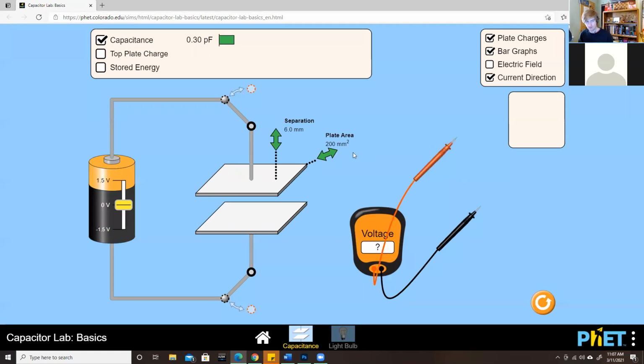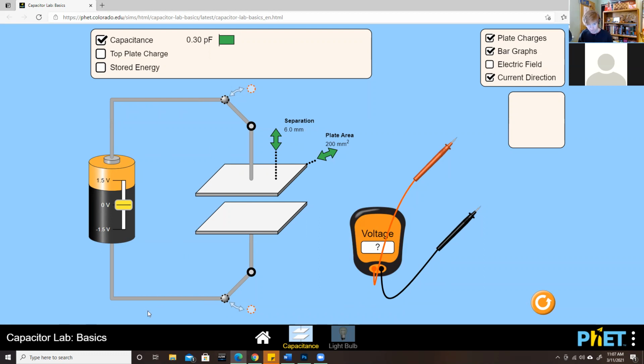For this lab, we're going to be charging up this capacitor with this battery. See, it's hooked up to the battery, and feel free to mess around with this. We're going to see how charges flow and current direction. So right now, there's no arrows on the wires, so there's no current in this system.